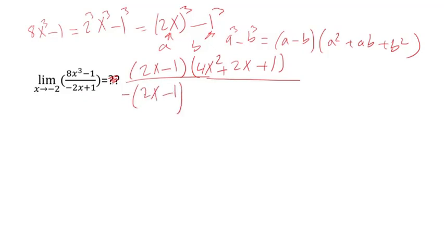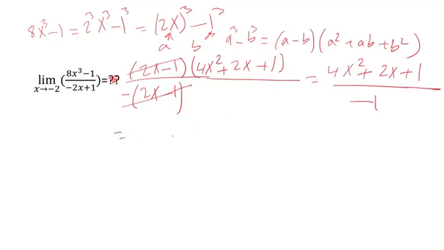So minus times 2x is minus 2x, minus times minus 1 is plus 1. Then I can get rid of this. So I end up with 4x squared plus 2x plus 1 divided by negative 1.